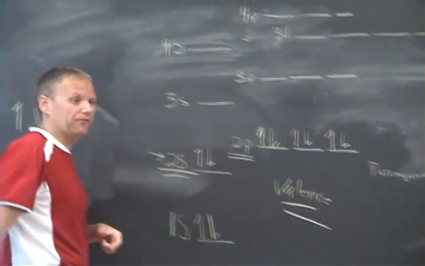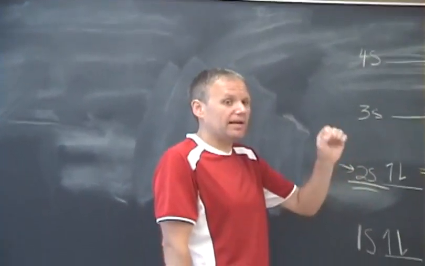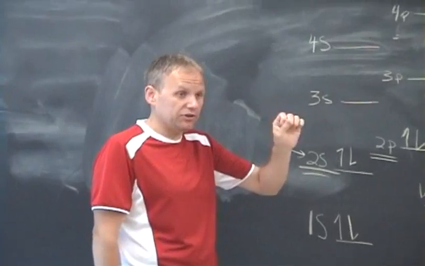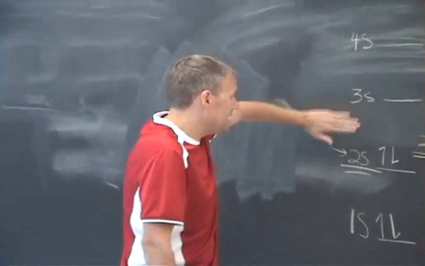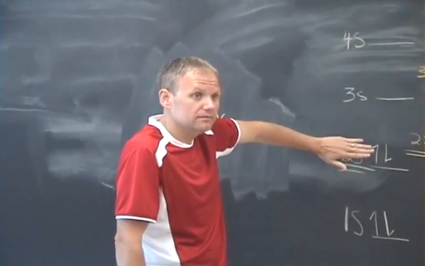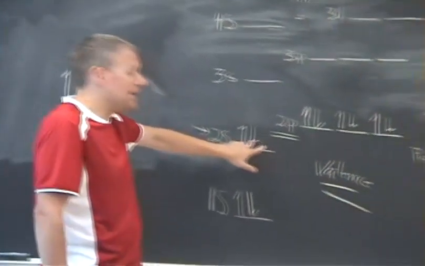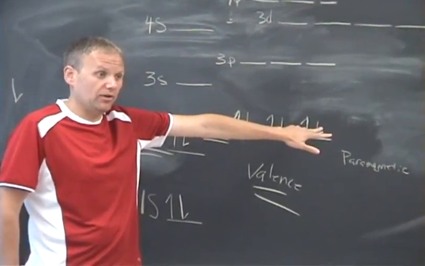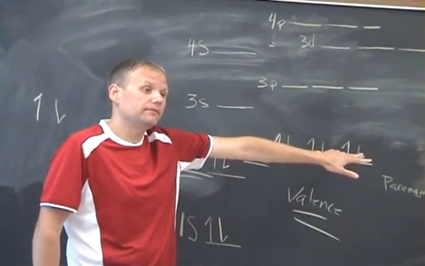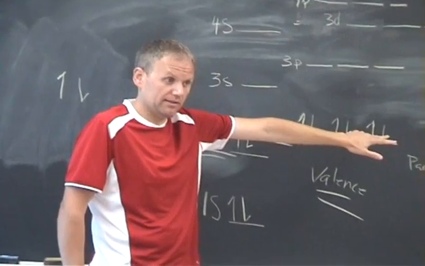That's a very important term, valence electrons. Valence electrons are the electrons at the highest energy level that exists for that atom. So in this case, neon has 2 in the s subshell, 6 in the p subshell in the second energy level, for a total of 8 valence electrons.